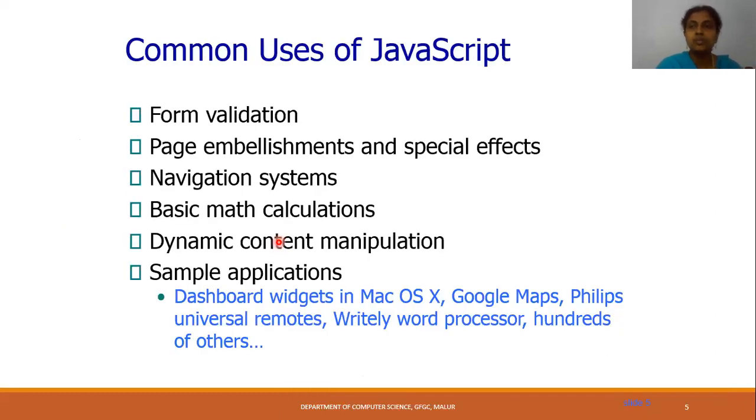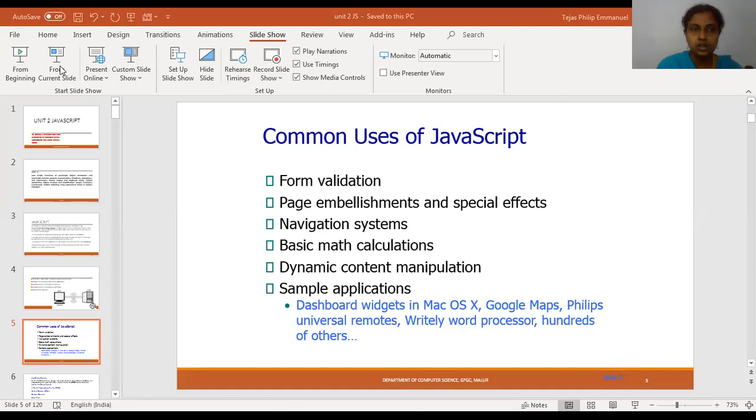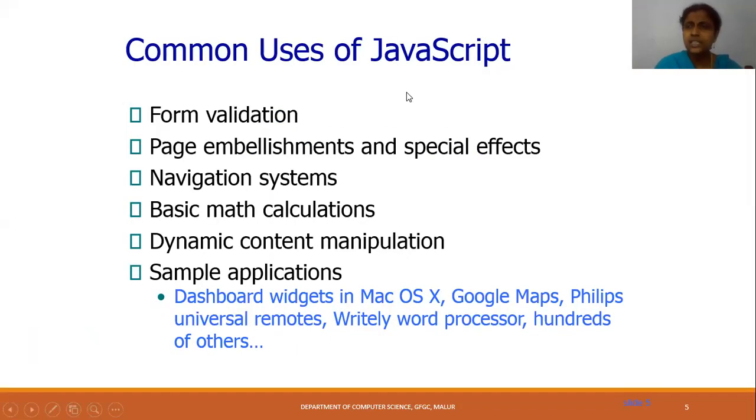So what is the common use of JavaScript? We can use it for form validation. Form validation is a concept which helps in checking the initial validation of a form. As I told, email is an example.